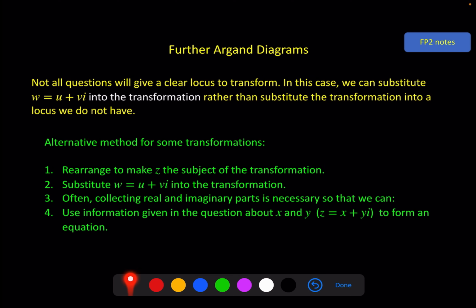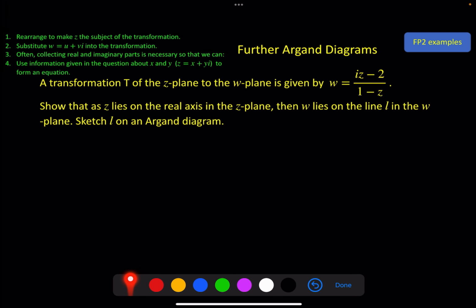Then often you have to collect real and imaginary parts to use information given in the question about x and y and their relationship together to form an equation, because the real part will act as your x, the imaginary part will act as your y, and if you've got a relationship between these two, you can make a relationship between these two which will involve u and v. That equation then can be simplified to give you your locus in the w plane. These questions tend to be a little bit harder, so let's have a go at one of these.